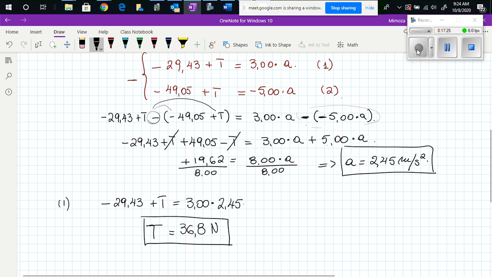Another thing to keep in mind is that the acceleration is the same in magnitude but may be different in direction. Let's say object 1 is going up and object 2 is going down, but in terms of magnitude, it is the same magnitude.